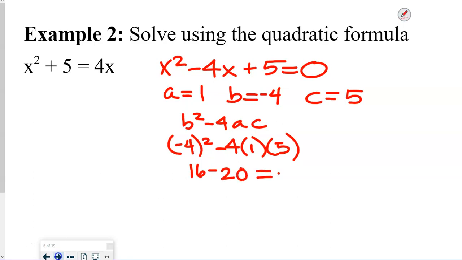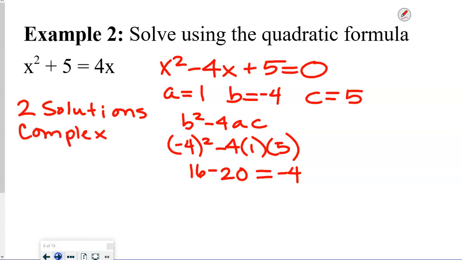So that's going to give us a negative 4. Now we talked before, if we get a negative answer for the discriminant, then it's going to be 2 solutions. And they're going to be complex, right? These 2 solutions are going to be complex, okay? Which means they're going to be imaginary, all right?